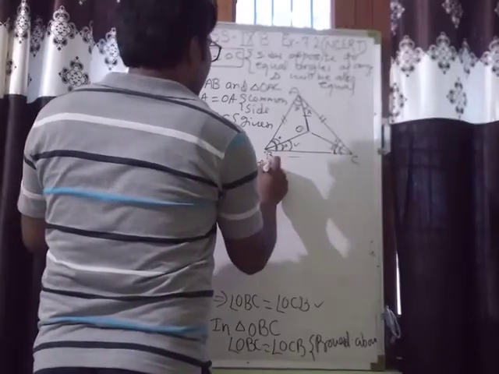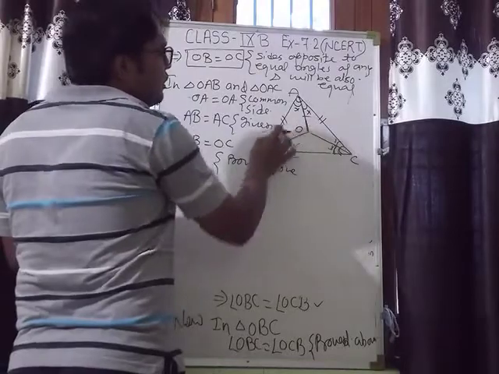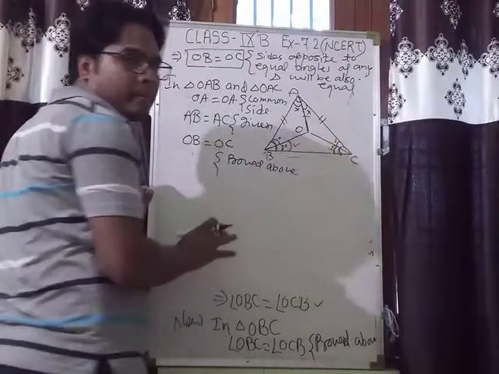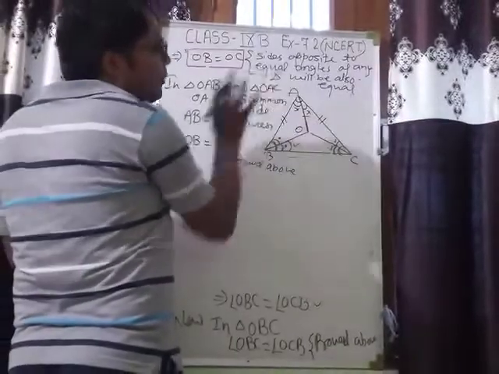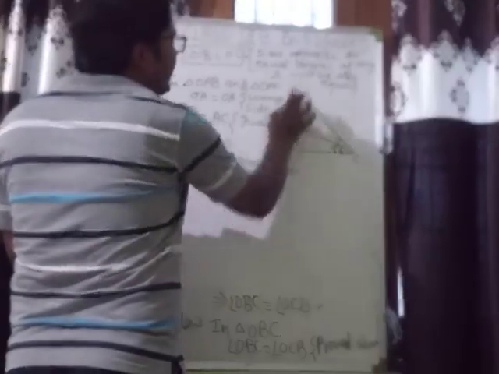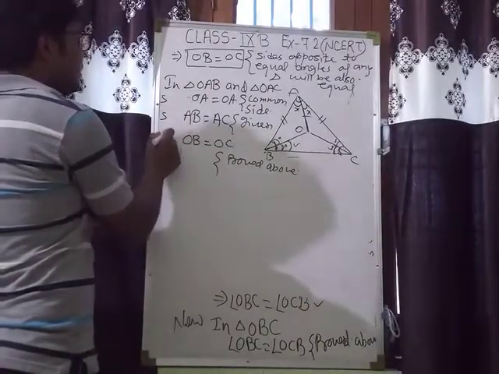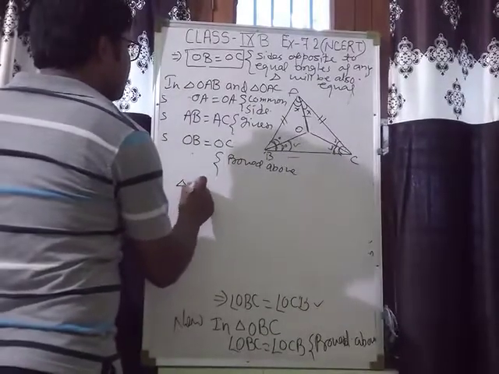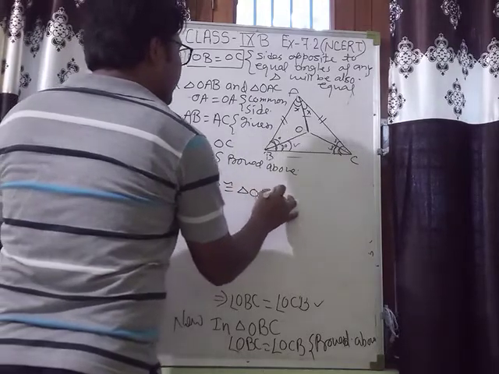So see, in these two triangles, triangle OAB and triangle OAC, their corresponding sides become equal. OA common, OB equal to OC and AB equal to AC. So by SSS congruency, triangle OAB is congruent to triangle OAC.